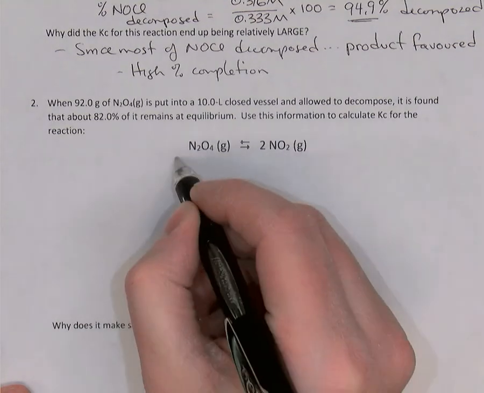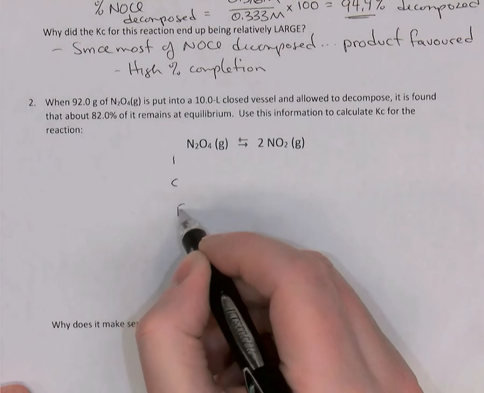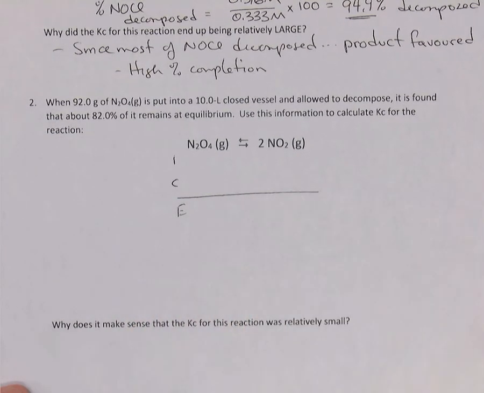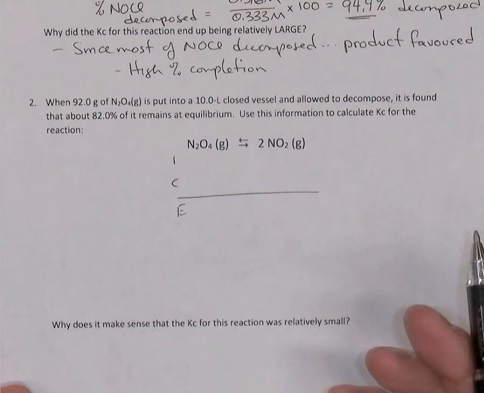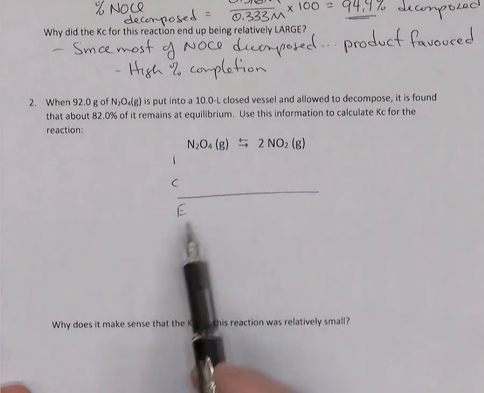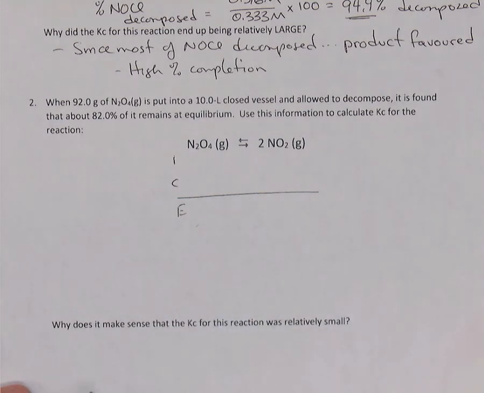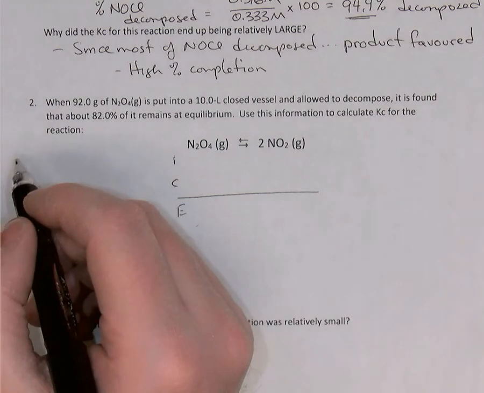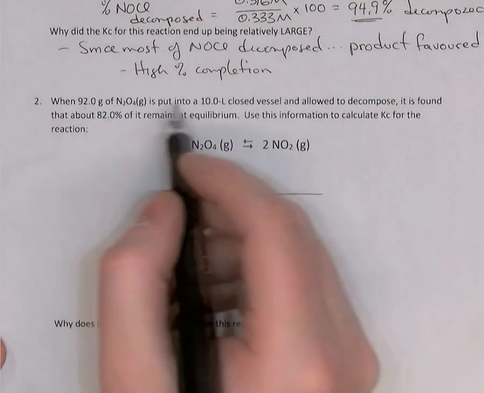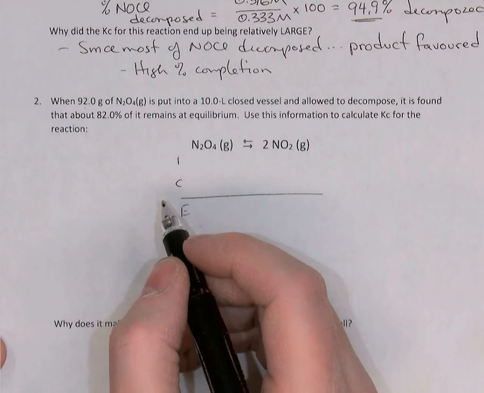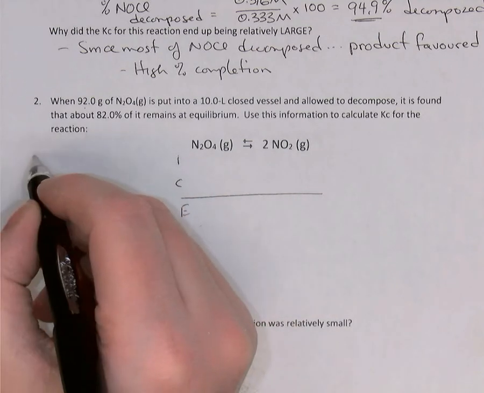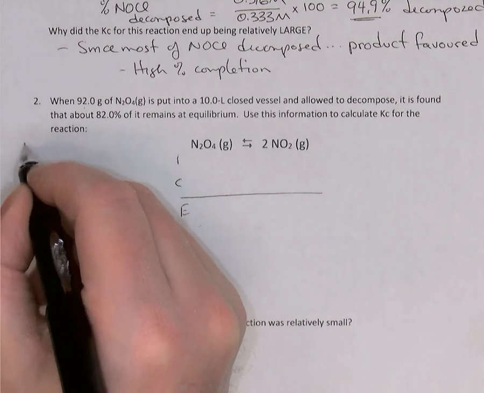So again, we're going to need an ICE table for this because we know the initial conditions, and then 82% remains at equilibrium will tell me something about the equilibrium conditions. So over on the side, we can convert the grams to molarity in one of 2 ways. If you prefer using formulas, we can use 2 different formulas.